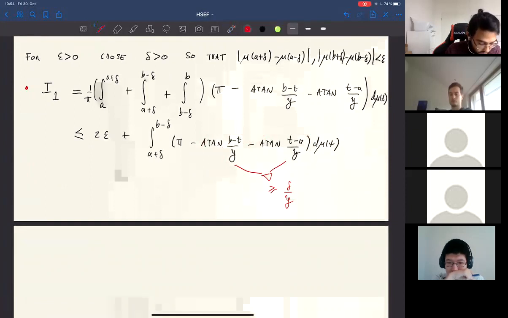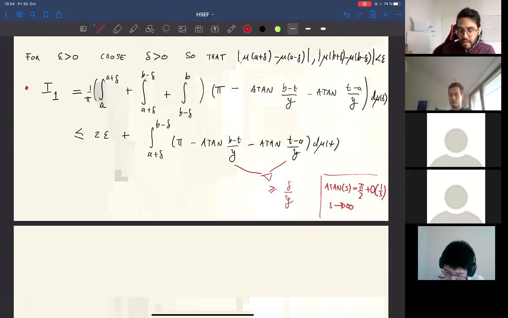You can even do further, we can even use the following. We can use that arctan of s is pi over 2 plus O of 1 over s if s is going to infinity. Something we can easily compute.